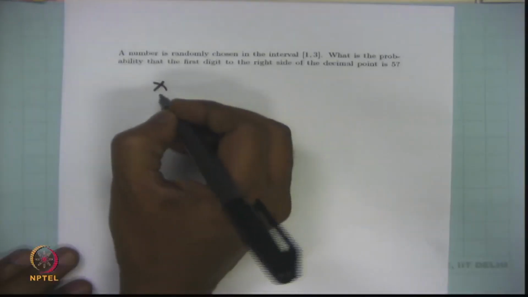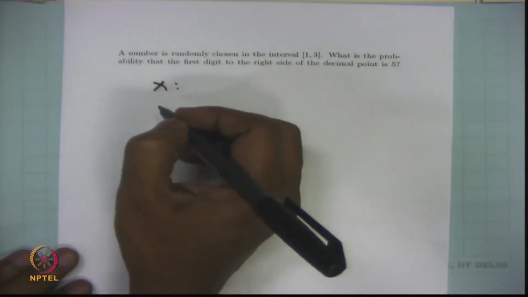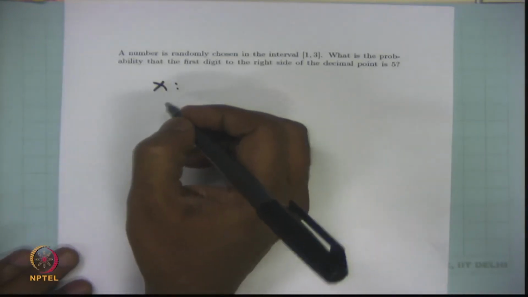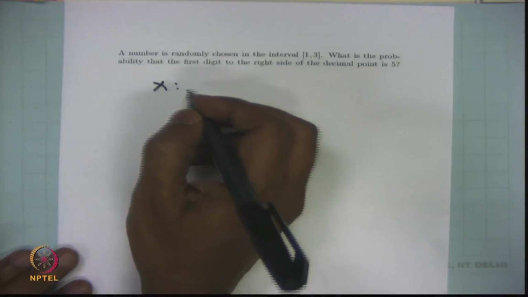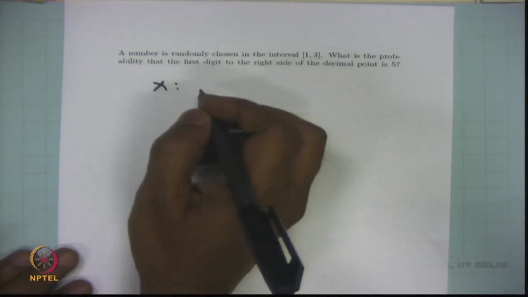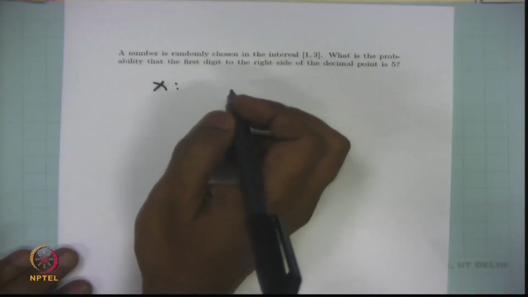So in this problem the real number is randomly chosen in the interval 1 to 3. The default random number generation is between the interval 0 to 1, but here it is in the interval 1 to 3. Therefore, we can conclude X is a random variable which denotes getting the real number between the interval 1 to 3.